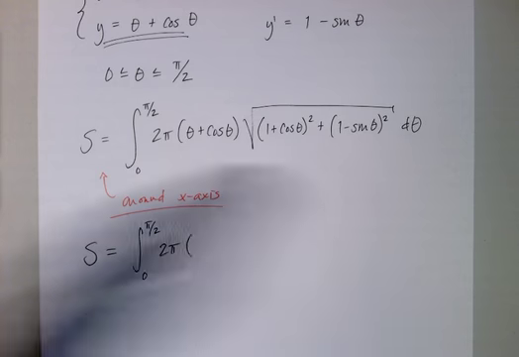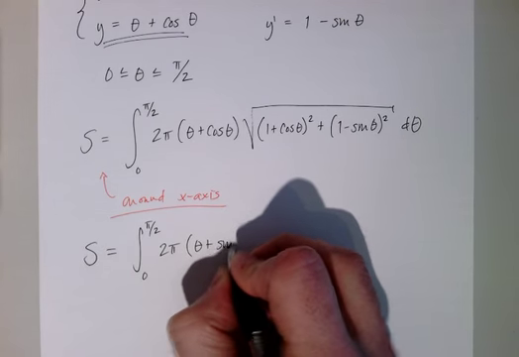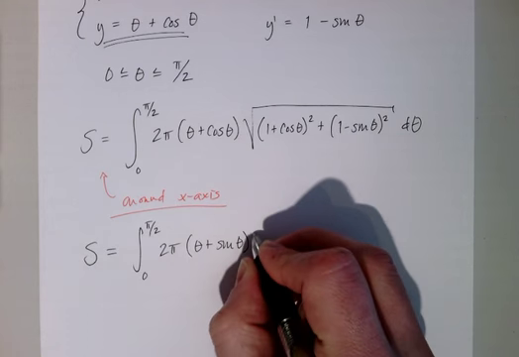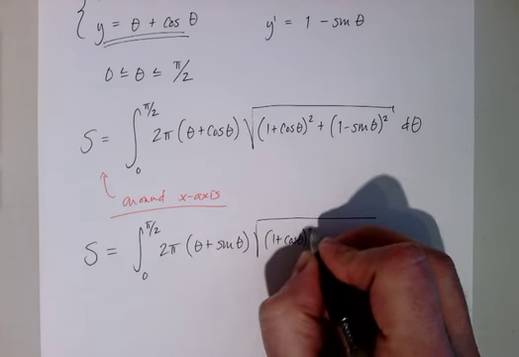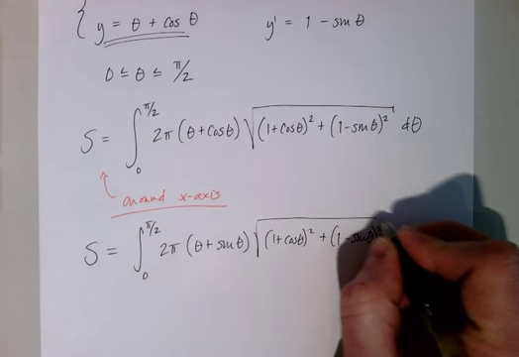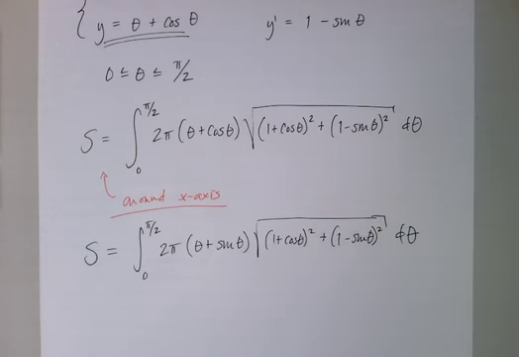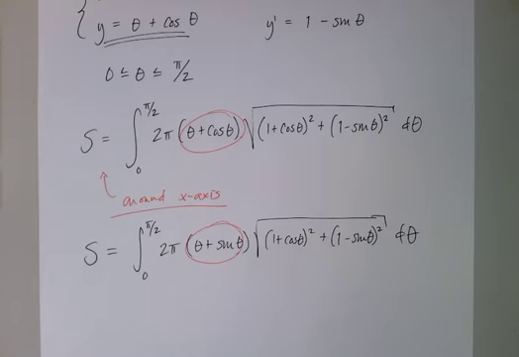The only difference would be here. It would be theta plus sine theta, square root of 1 plus cosine theta squared plus 1 minus sine theta squared d theta. The only difference is that versus that, okay?